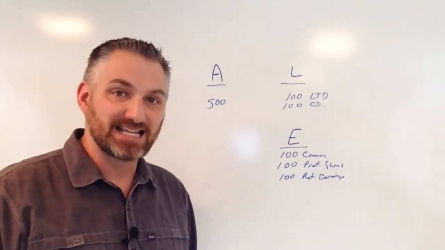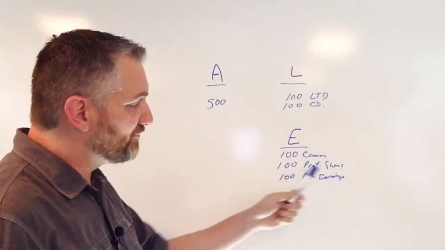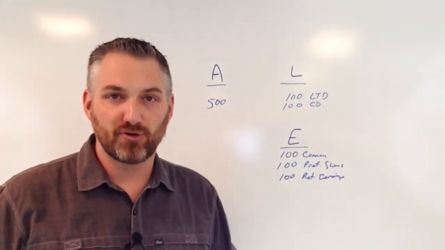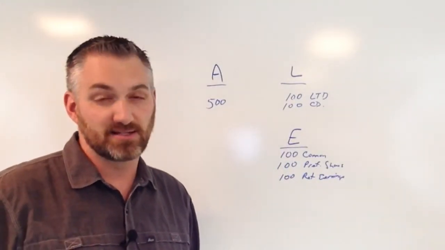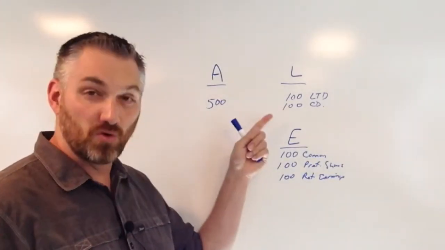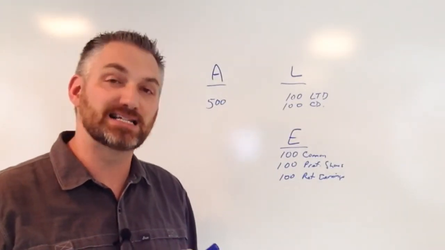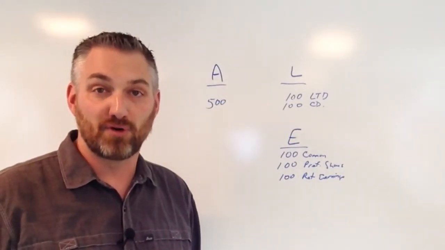Now, lastly, preferred shares. What a preferred share is, it's a vehicle or device that kind of has one foot in the debt world and one foot in the equity world, because a preferred share usually has a set rate of return.